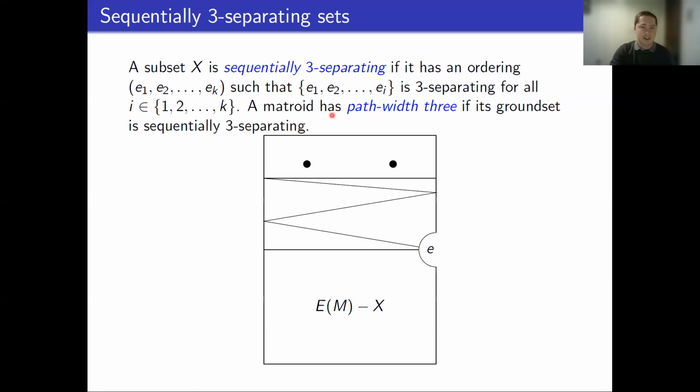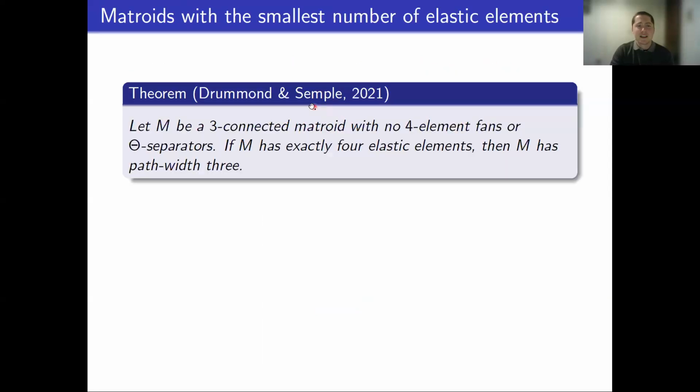Just a little thing for those who are interested in these next two results, I'm not going to spend too much time on them. But you do get, if M is a 3-connected matroid with no fans or theta separators, if M has exactly 4 elastic elements, then M has path width 3. So for those who are familiar with the notion, that's really well behaved. It's nice, and it's just a whole bunch of 3 separating business.